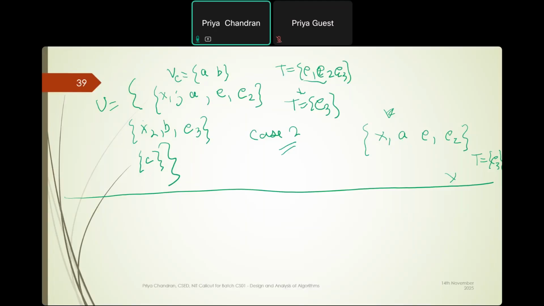Now, this proves only the forward direction. You next have to prove that exact cover implies that there is a vertex cover of size k.